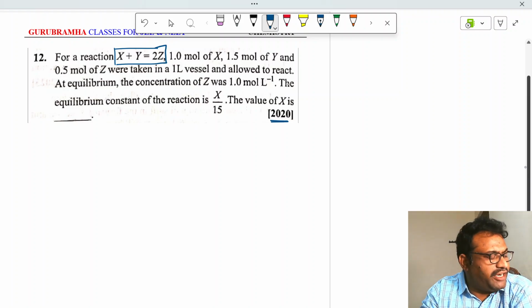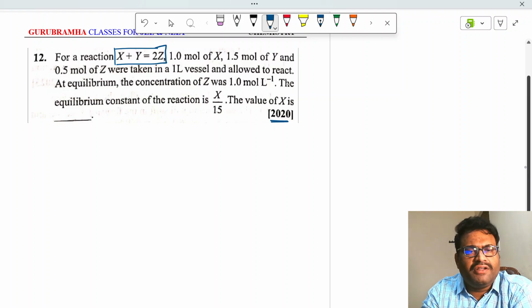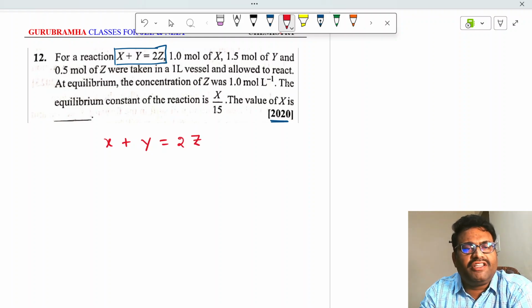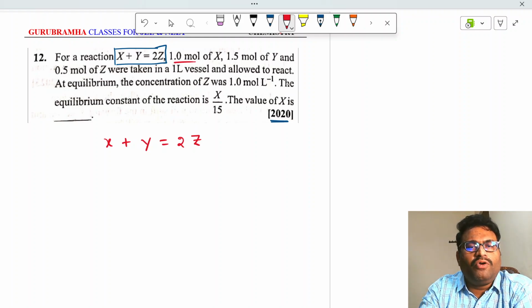So first of all, let us write the equation. The given equation is x plus y is equal to 2z. 1 mole of x, 1.5 mole of y and 0.5 mole of z were taken in a 1 liter vessel and allowed to react.